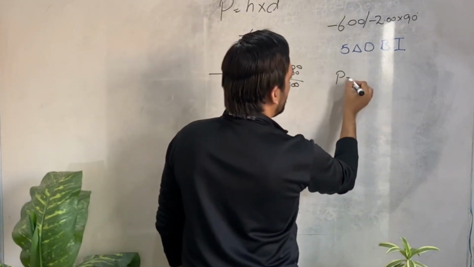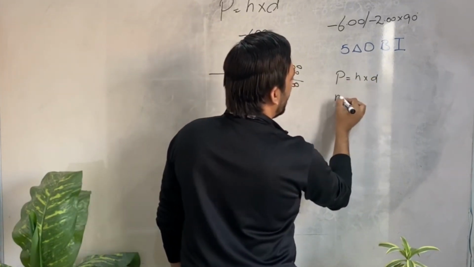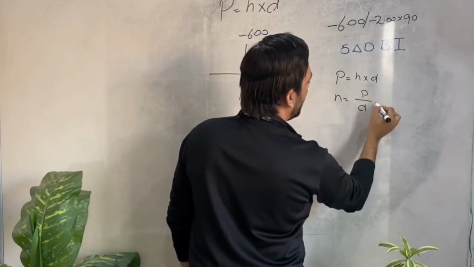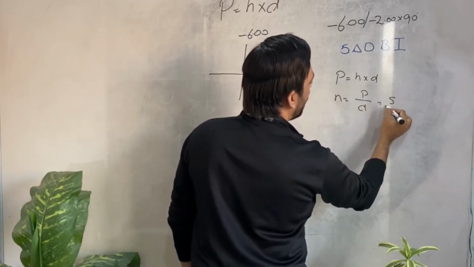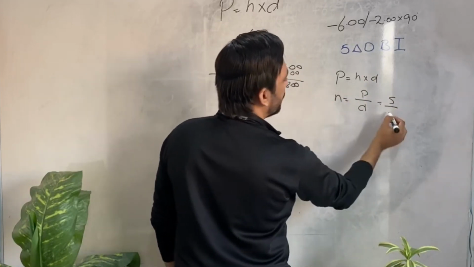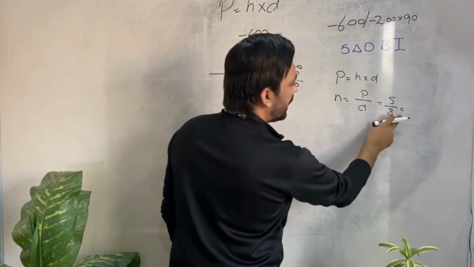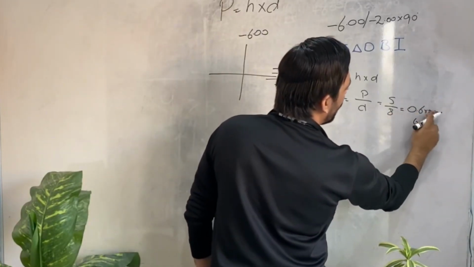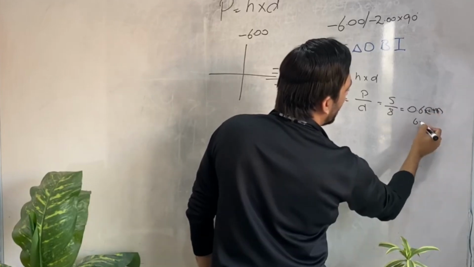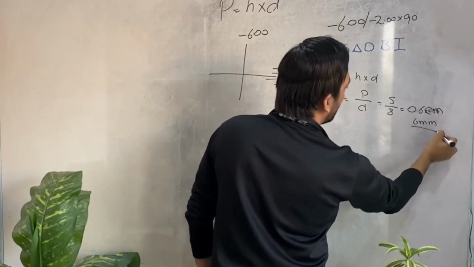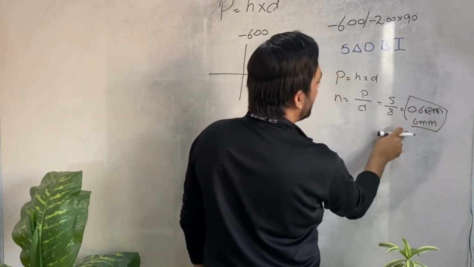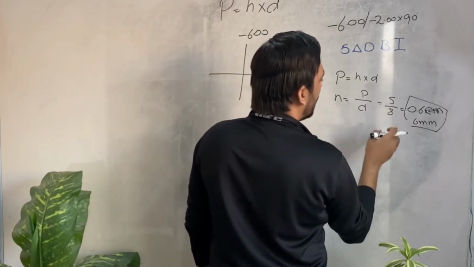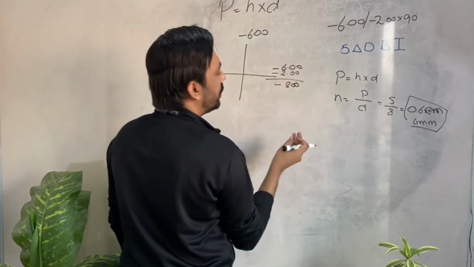Your formula is P is equal to H times D, H is equal to P over D. P is 5, D is 8, 5 over 8 is 0.6 centimeter, that is 6 millimeter. So we have got the value of decentration, and now we will get the direction of the decentration.